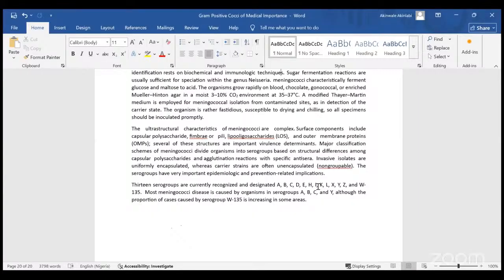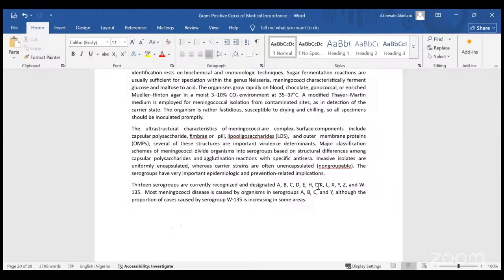For the gram-positive organisms, I think we have to stop here because we can't treat all of them. Maybe in the next class we will go to gram-negative organisms. So tomorrow you have enough to read under gram-positive organisms. So let us just leave it there, and then go to gram-negative organisms.